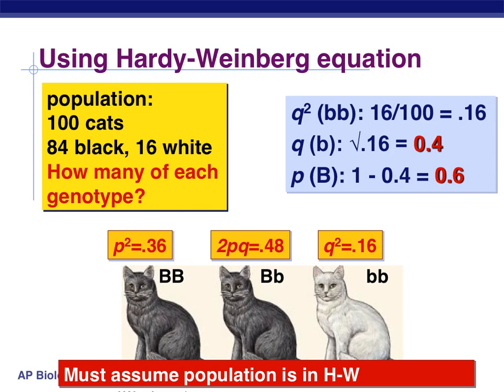From here, you would square this p value, that 0.6, to give you 0.36, and then you would multiply your 0.4 times your 0.6, and double it, to give you 0.48. And there you would have your frequencies for homozygous dominant, heterozygous, and homozygous recessive.